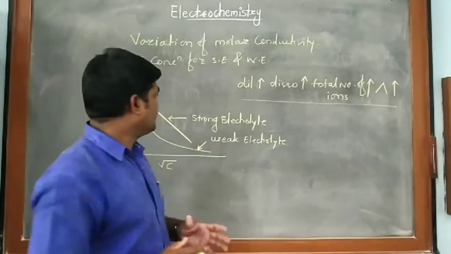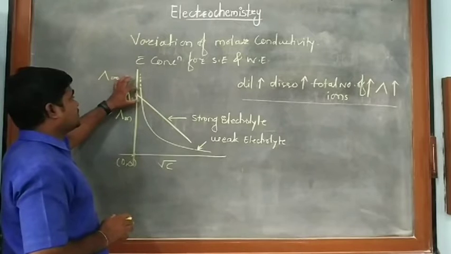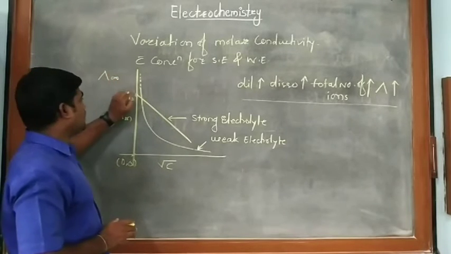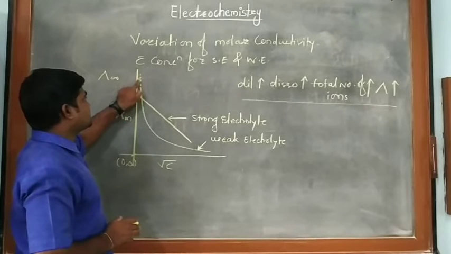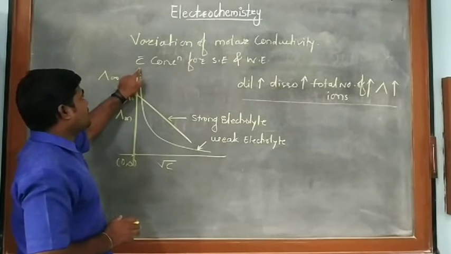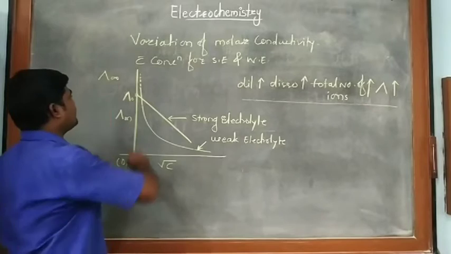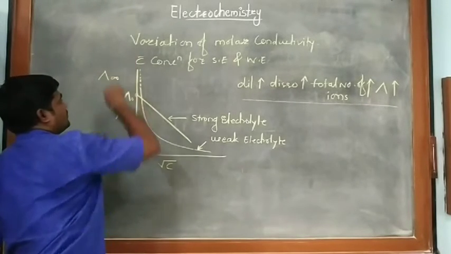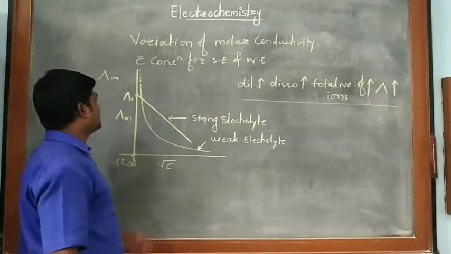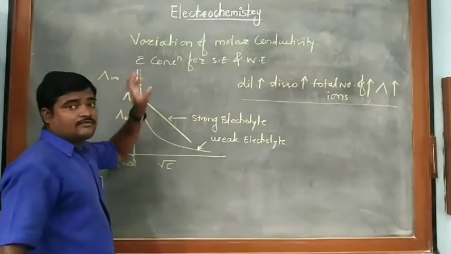Now in that case, students, what will happen? If I dilute such a weak electrolyte, it will not dissociate completely. It tells us that some part of that electrolyte will remain undissociated. That undissociated part I can show with the help of this graph.